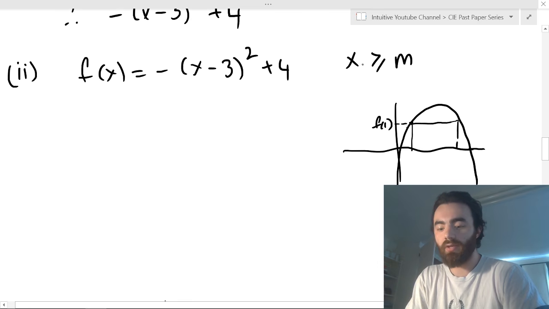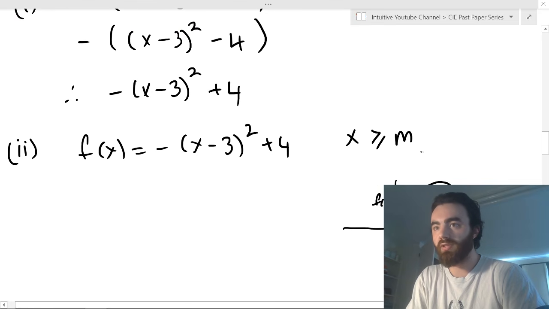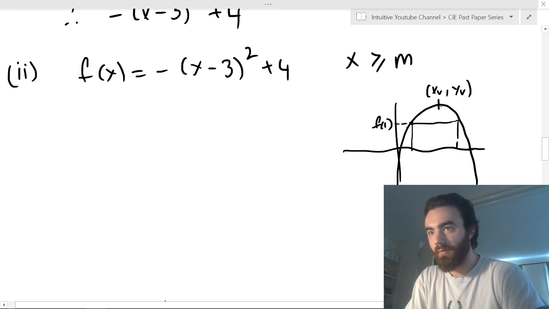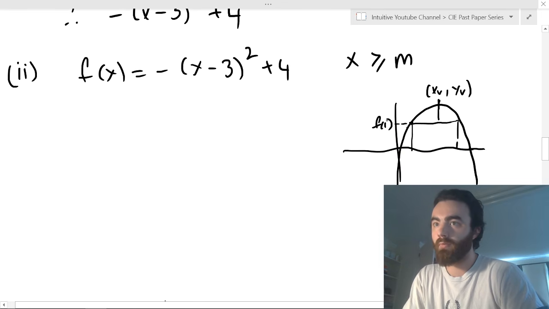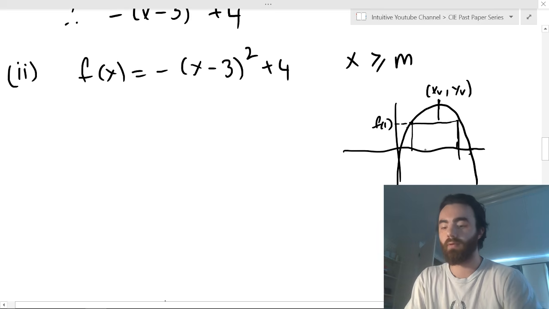So the point at which it's 1 to 1 is past this vertex point here. We call it xv and yv. Past this vertex point, when we put one input in, we get one output. If it was defined between here and here, we get 2 outputs for our one input.